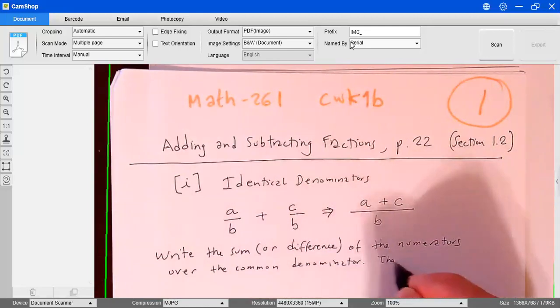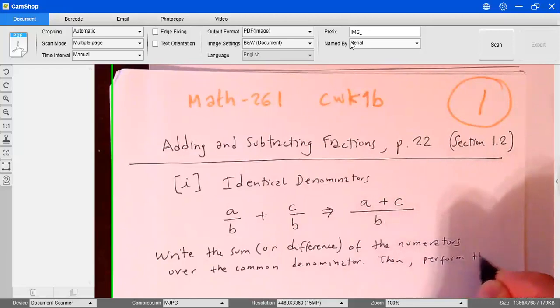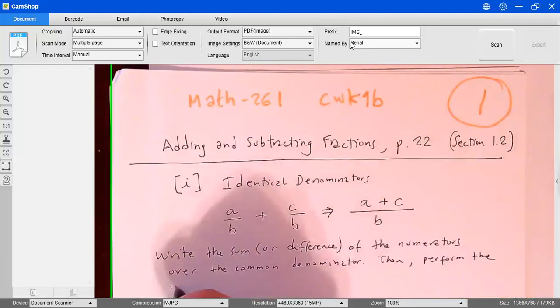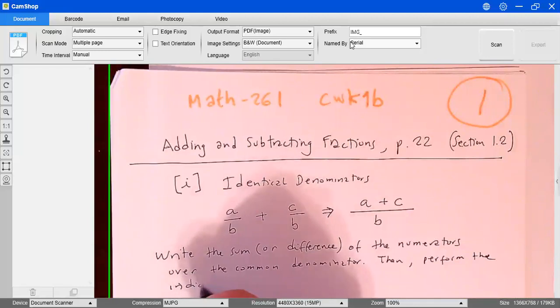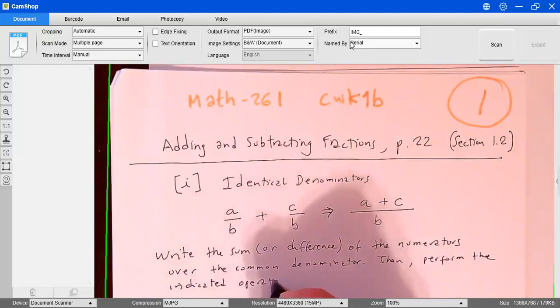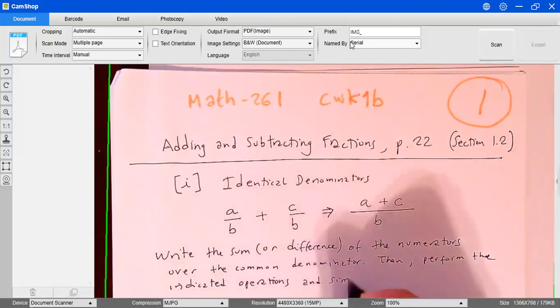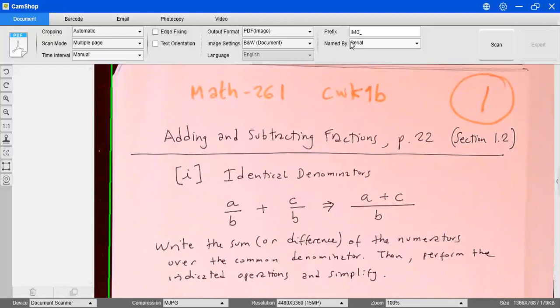Then you perform the indicated operations and simplify. Remember, we always want the fraction in its lowest terms.